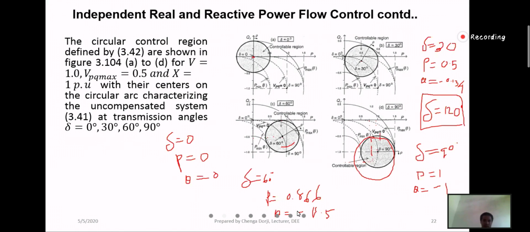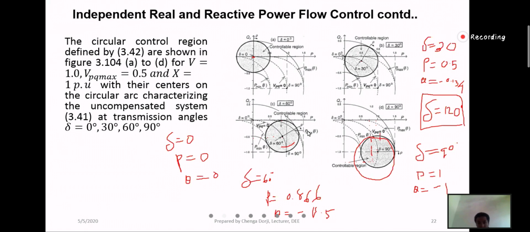Then 150. When del is 150, p is sin 150, which is 0.5. And q is 1 minus cos 150, so minus 1.866. So somewhere else here, where it will come.